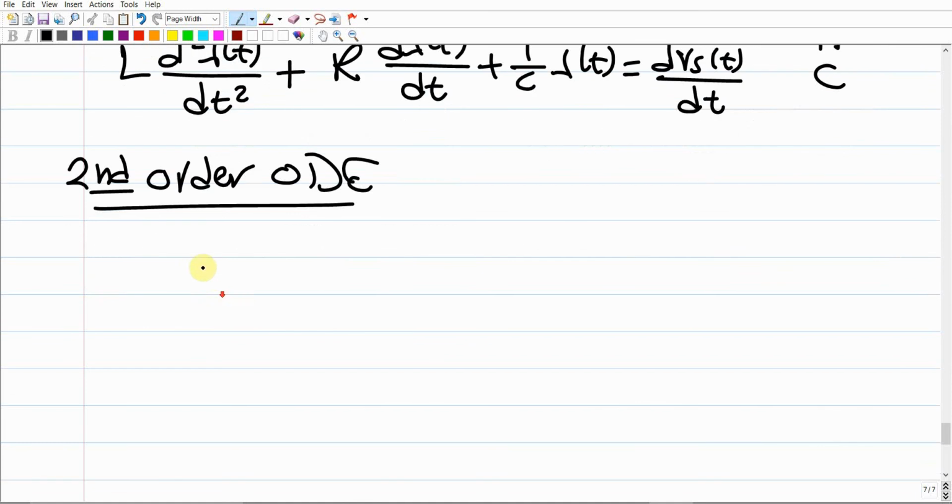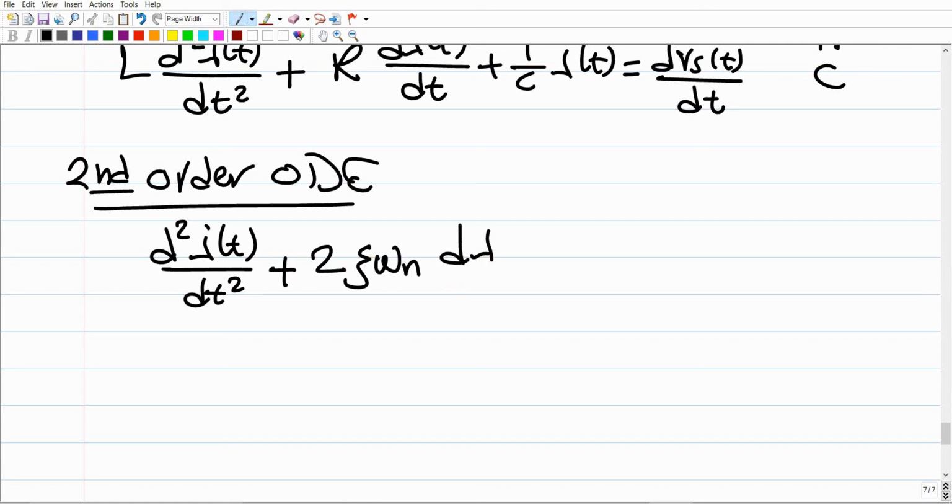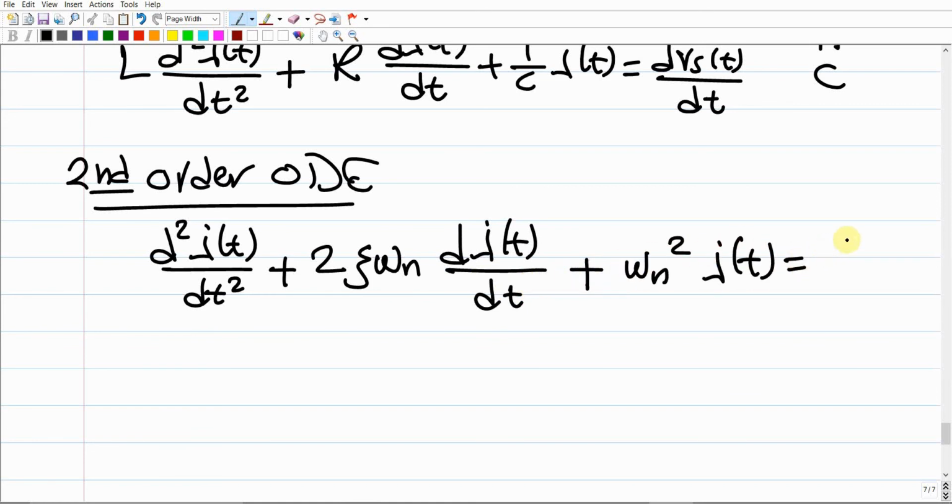It can be written in this form: d square I of t by dt square plus 2 xi omega n dI of t by dt plus omega n square I of t equals f of t, right?